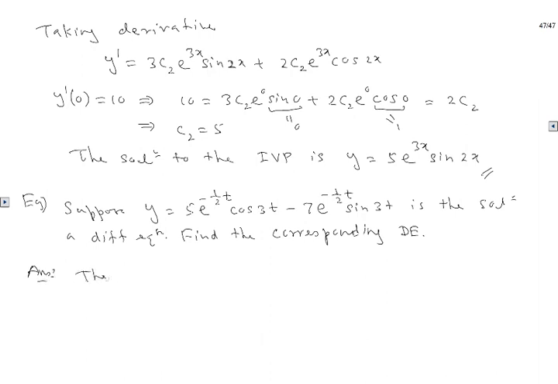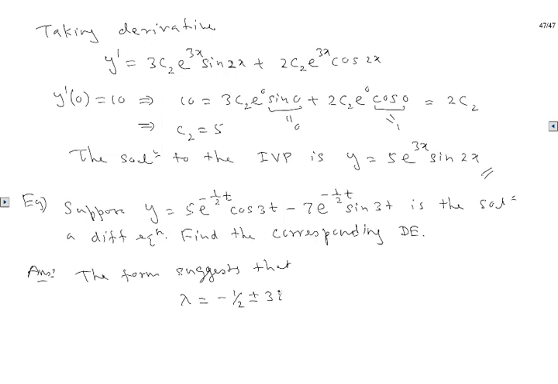The form of the solution suggests that lambda is negative 1/2 plus or minus 3i. Lambda has to be of this form, because if we have this, then we can write it like that and go backward.